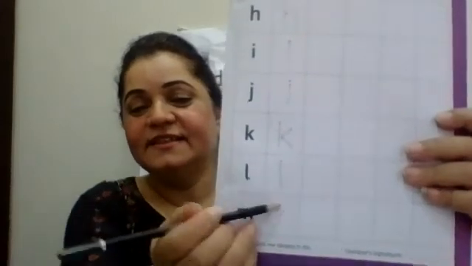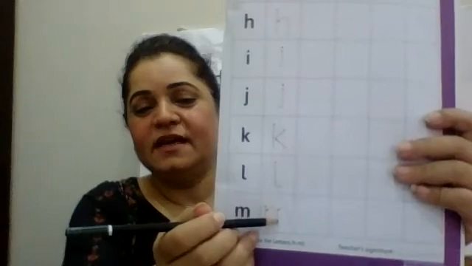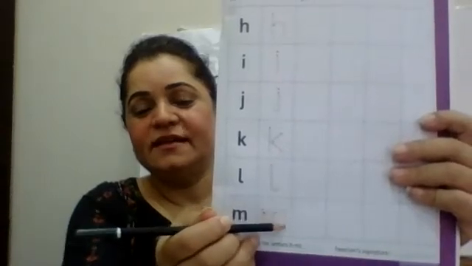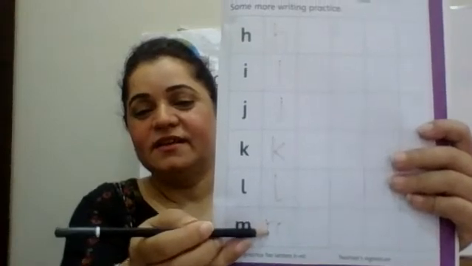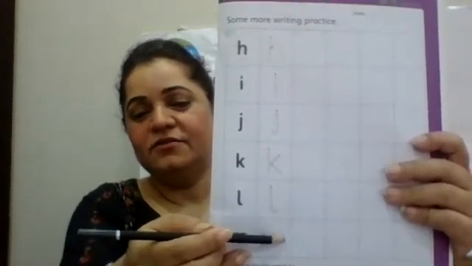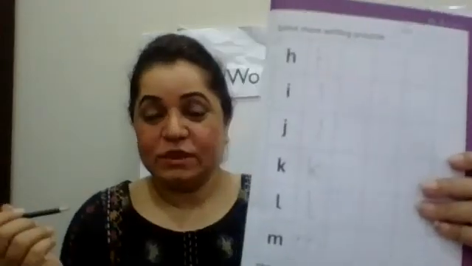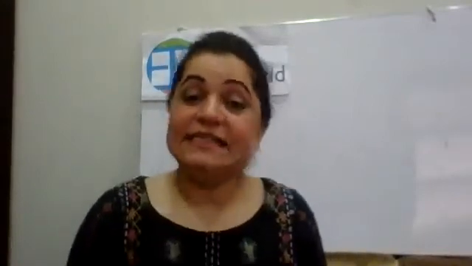Yes. Starting from here, curve down and curve it down. Curve down, curve down. Once more. That's great. Okay, now you're going to turn the page and you will come up on page number 70.